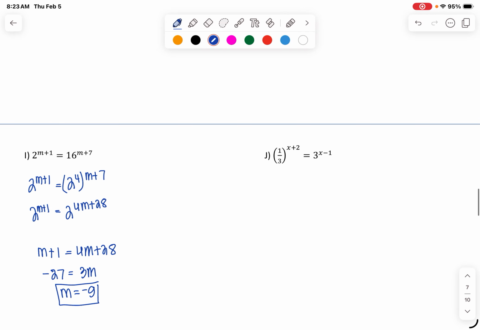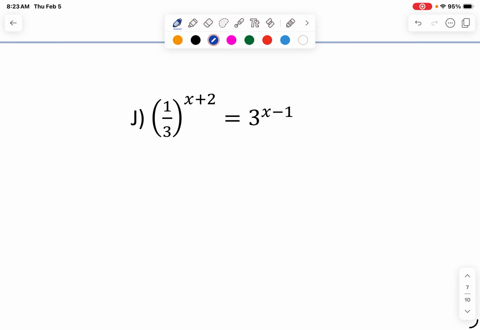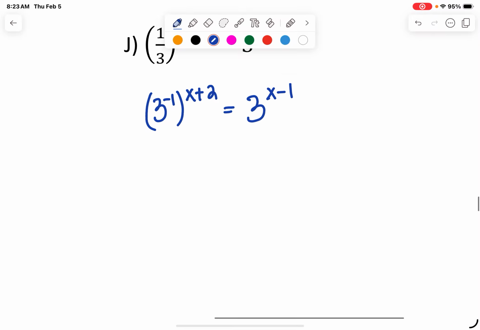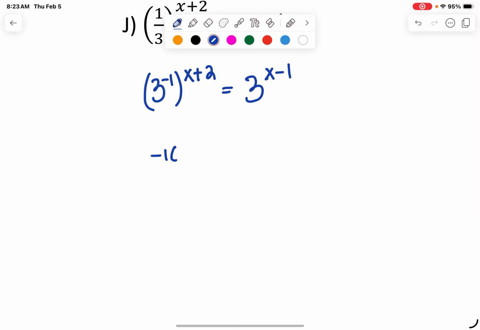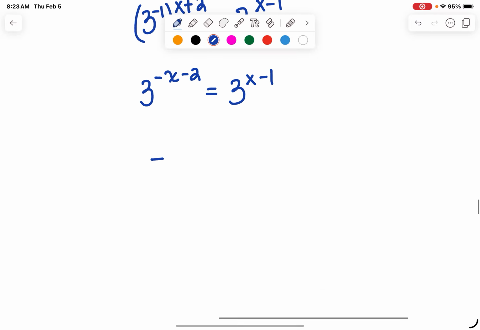Okay, moving on to the next one. All right, here we have 1/3 and 3. We can rewrite 1/3 as 3 to the negative 1st power. 3 we'll keep as a base of 3. Power to a power, multiply your exponents, that's negative x minus 2. And then set your exponents equal to each other.